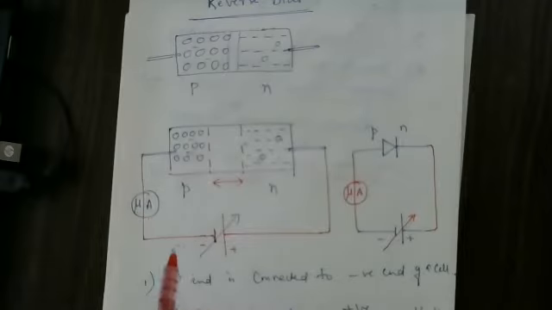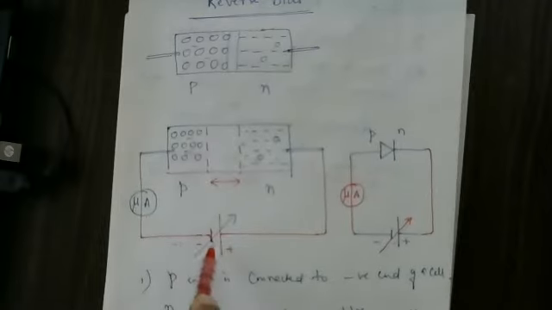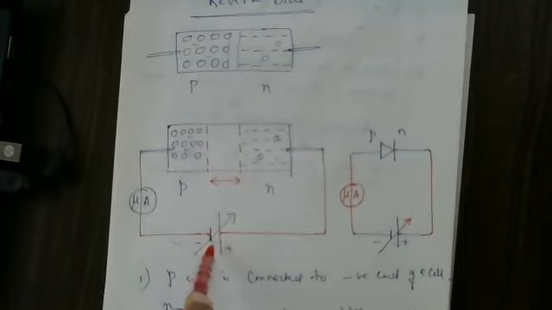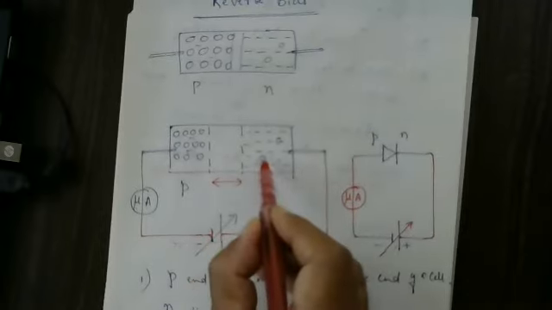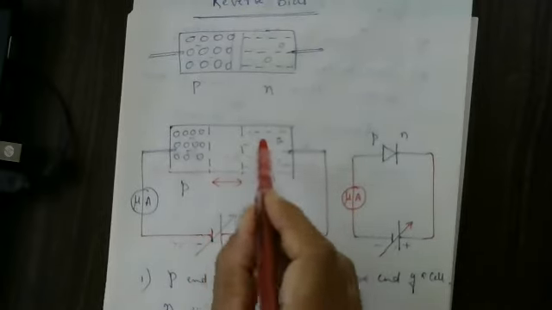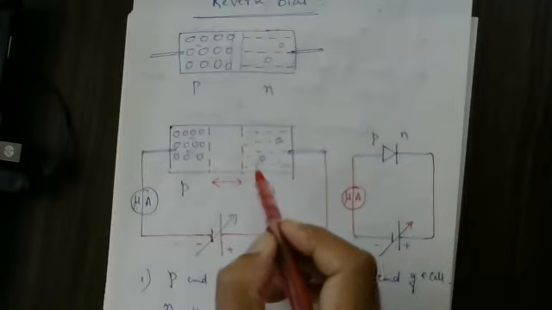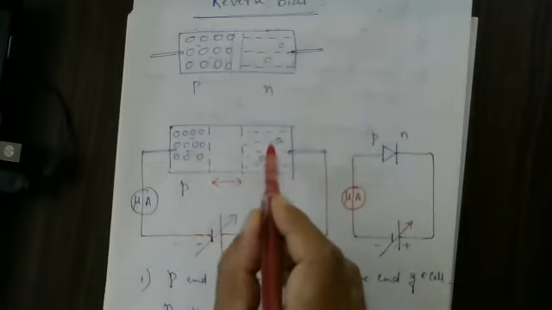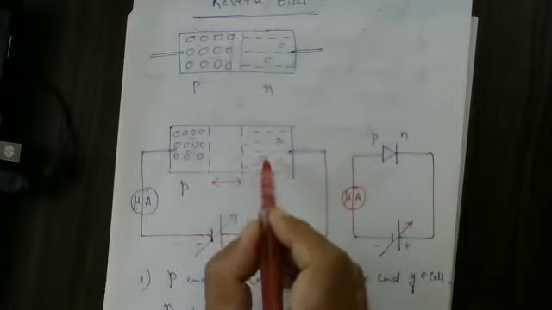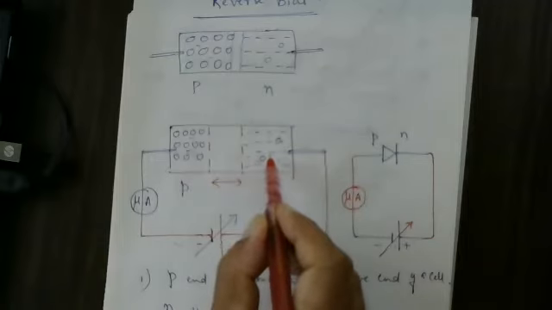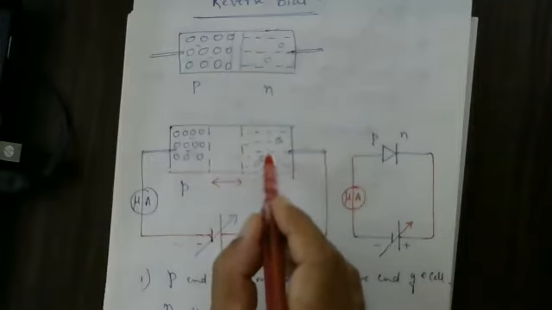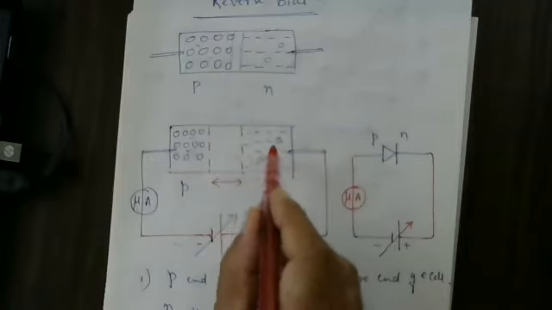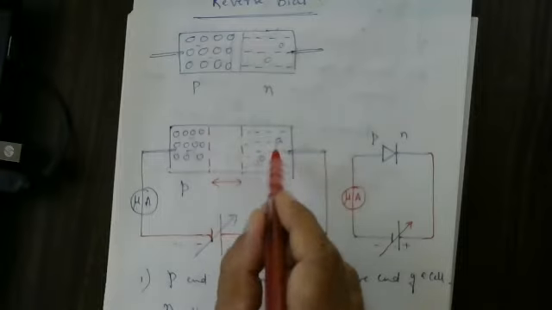But as you keep increasing the voltage more and more, at a particular voltage more covalent bonds are breaking up. Go for the intrinsic semiconductor concept: they all have covalent bonds. More covalent bonds are breaking up due to this larger potential, and due to that more electron-hole pairs are produced.